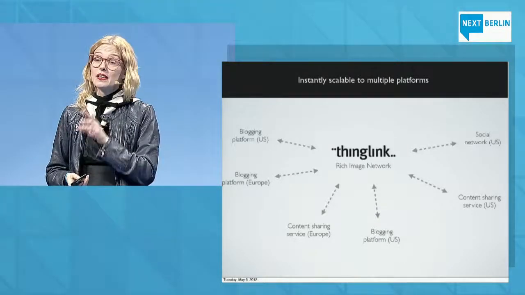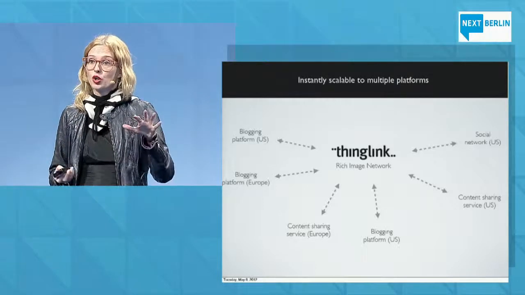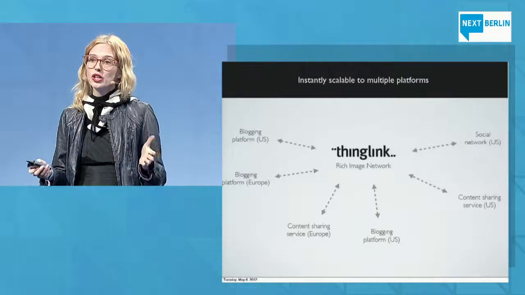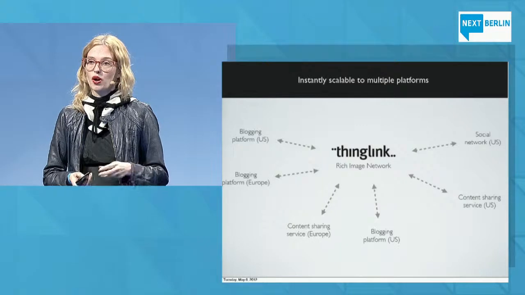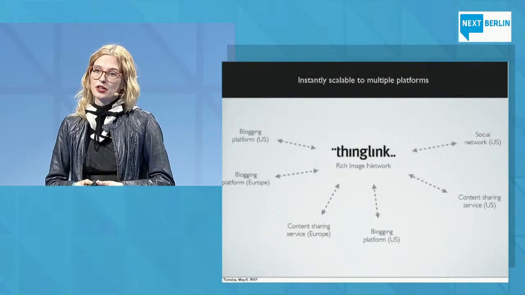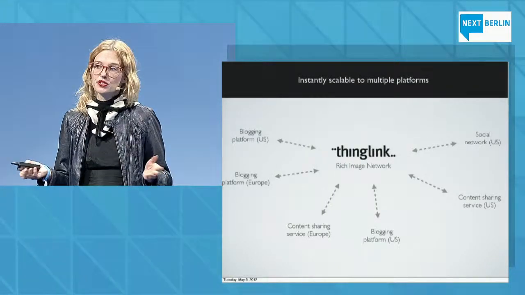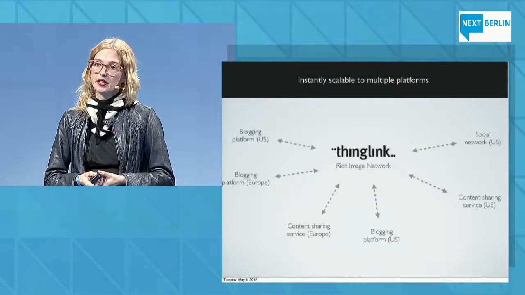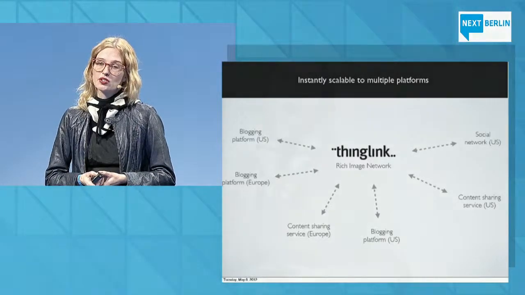So we also believe that every service that has images will look into what is the easiest way to offer image tagging for their users. If you build it yourself, it takes at least a year and 900,000 euros, and it's quite hard to make it stable across the platforms. We have also tried to make it very easy, so we offer something called ThingLink Connect. You can integrate ThingLink onto your service in one day.